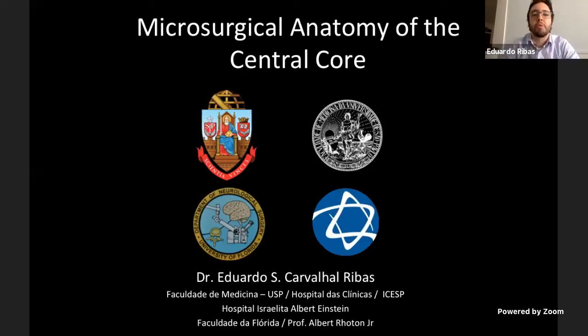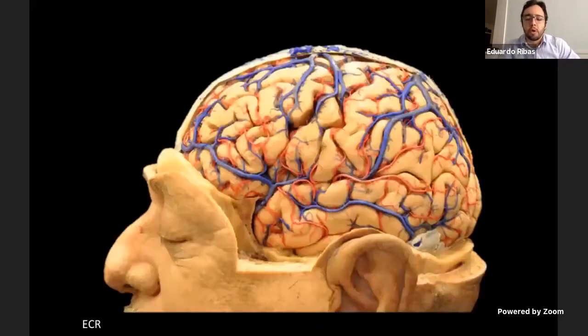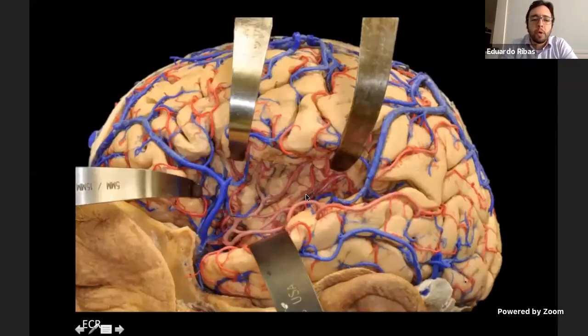So today I'm going to talk about the microsurgical anatomy of the central core, also of the insula. These are different terms. I prefer the term central core. But let's talk about it. Deep inside the sylvian fissure, we'll find the cortical surface of the insula.